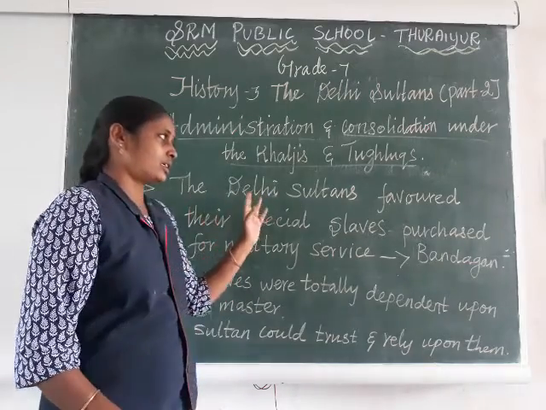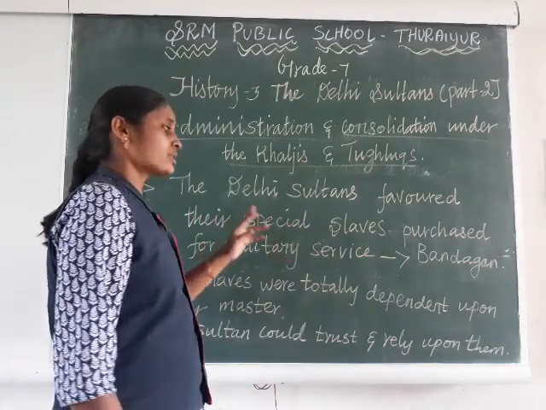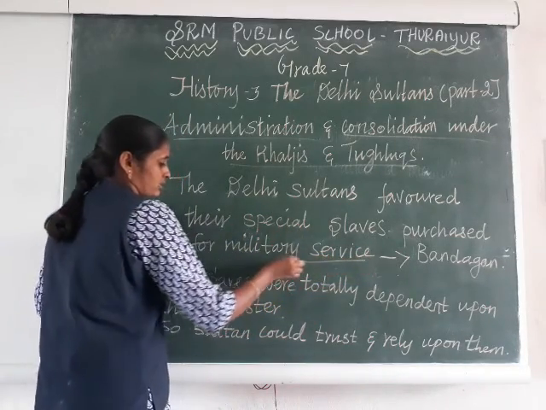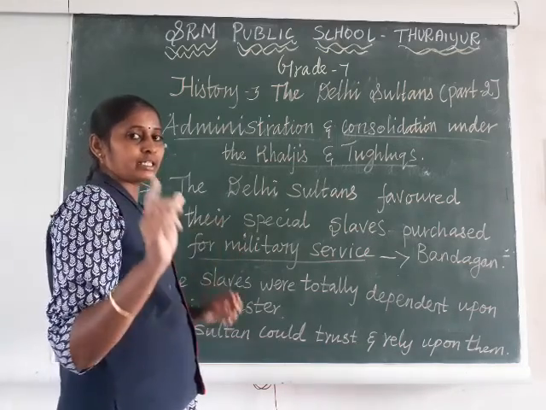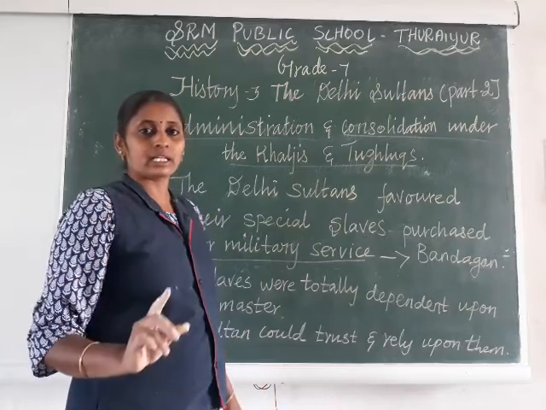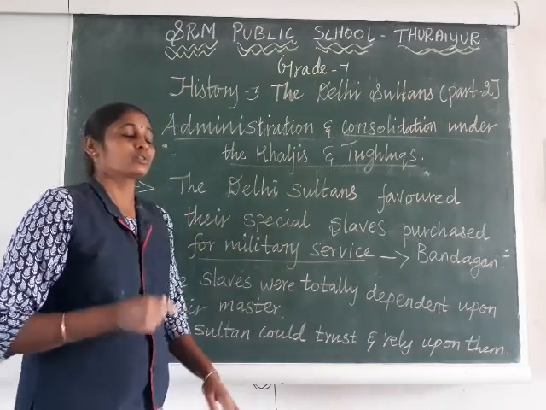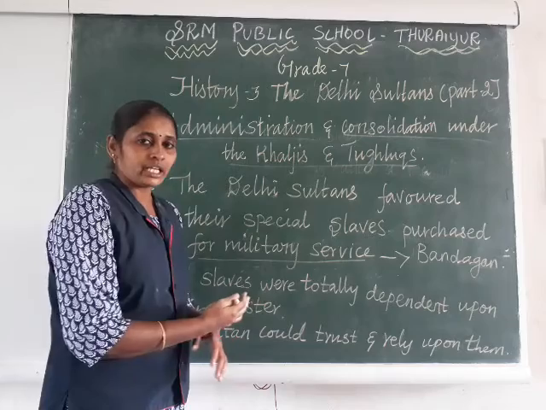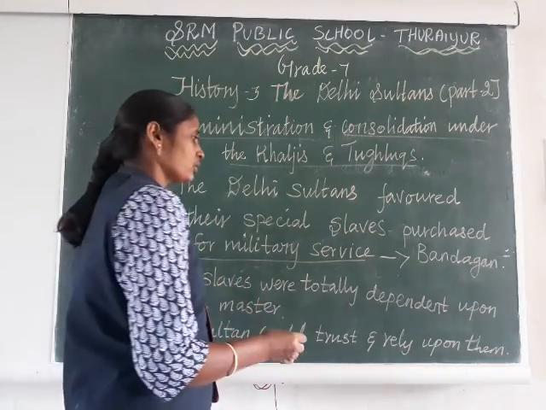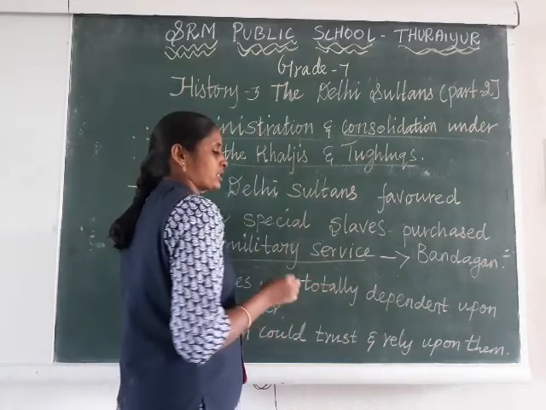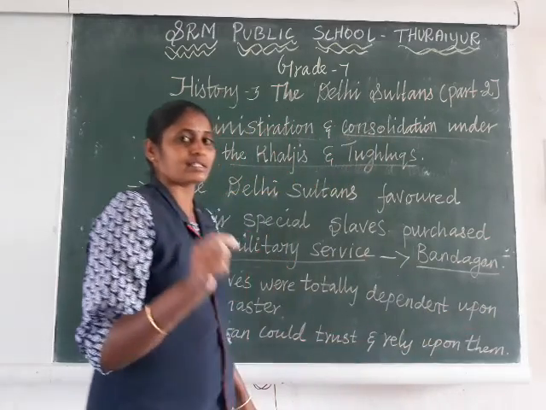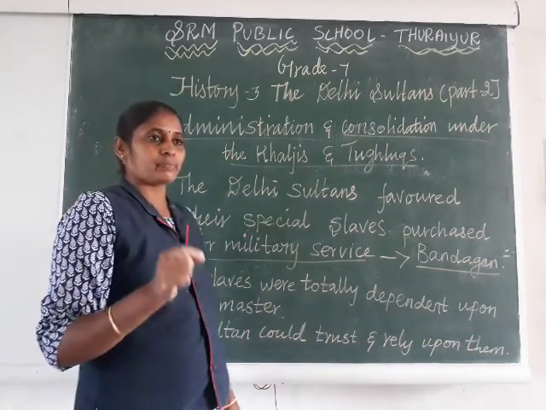The Delhi Sultans favored their special slaves, purchased for military service. These slaves were purchased only for the reason of military service, and they were very carefully trained. These special slaves were called pentagons.